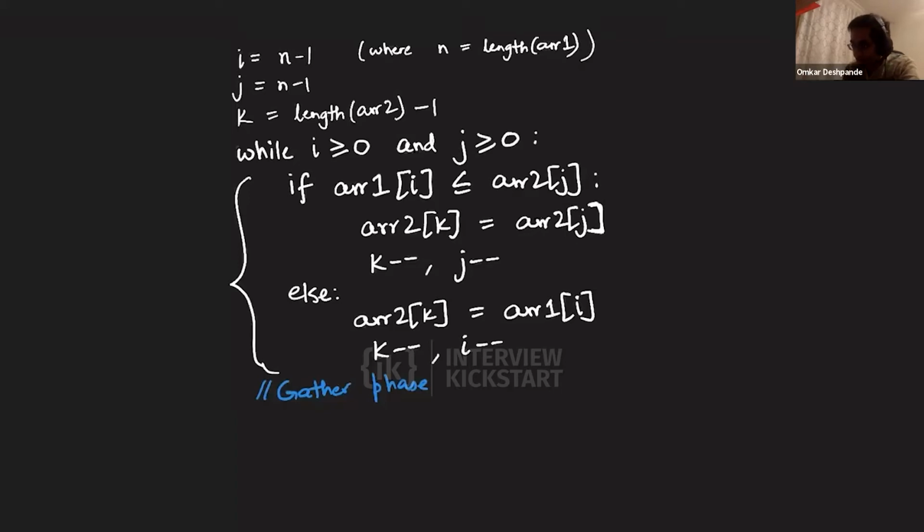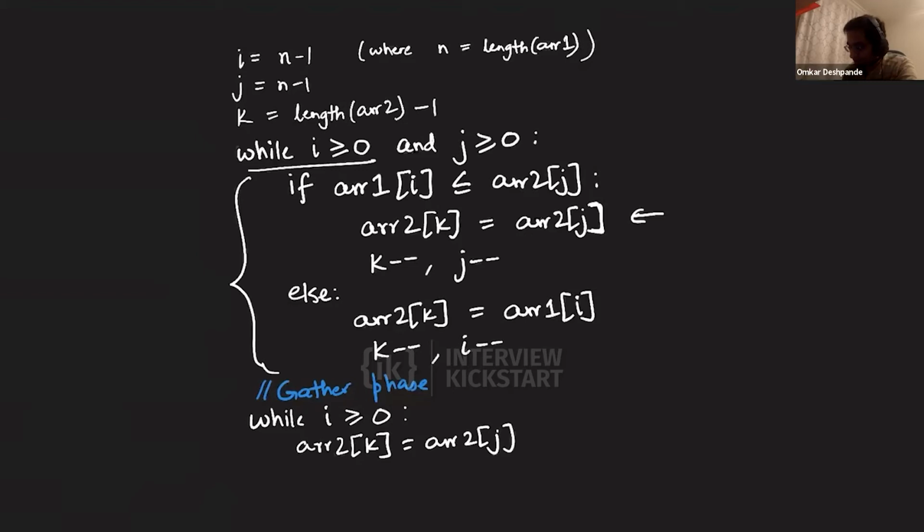So if the i pointer is still pointing inside, we need to gather array 1 of i and put it in array 2 of k, followed by k minus minus and, sorry, i minus minus. Okay, we are gathering the elements from the first array here.